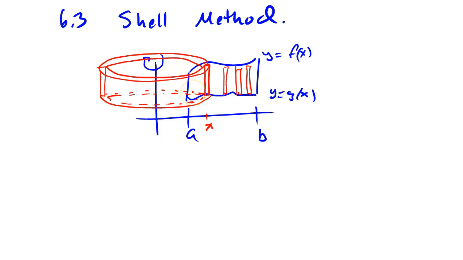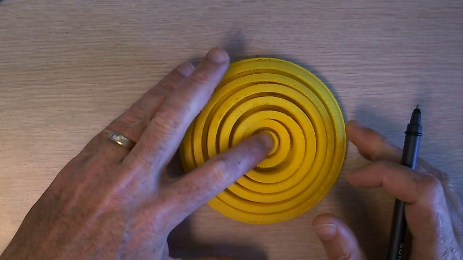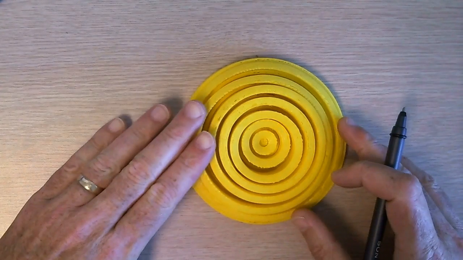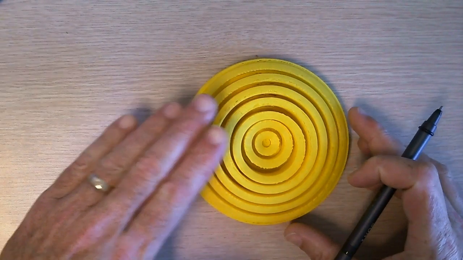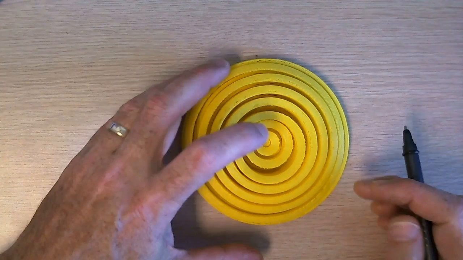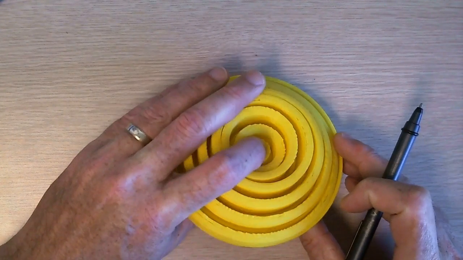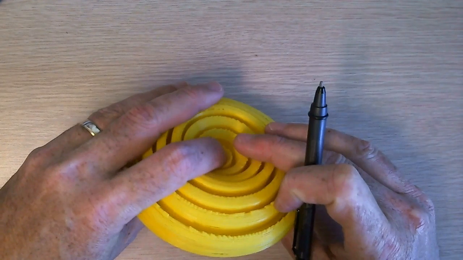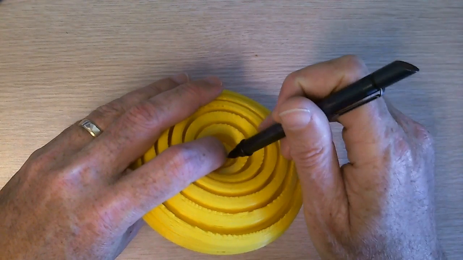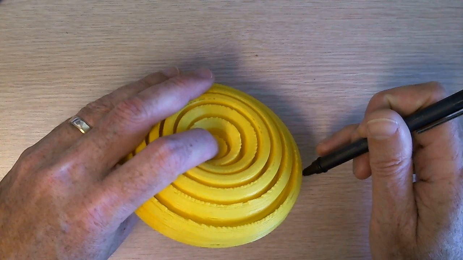In fact, let me switch the camera and show you what I'm talking about. What I have here is one of my first attempts at 3D printing, something that I might use in one of my classes. It's supposed to be one bump of a sine curve that goes up and then back down again over here.